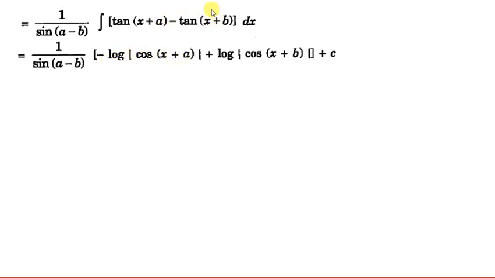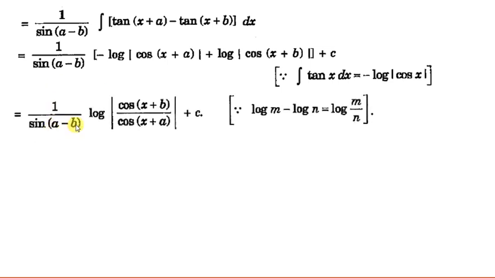Similarly here it becomes minus log cos(x plus b), and this minus together makes plus. Now using log m minus log n, we get 1 upon sine(a minus b) log mod cos(x plus b) divided by cos(x plus a) plus constant.